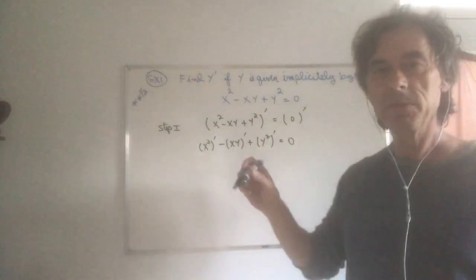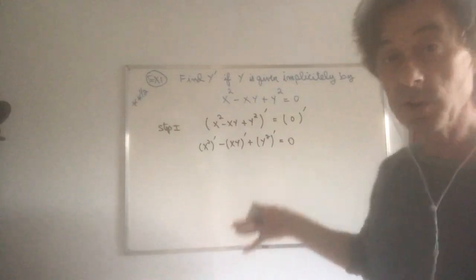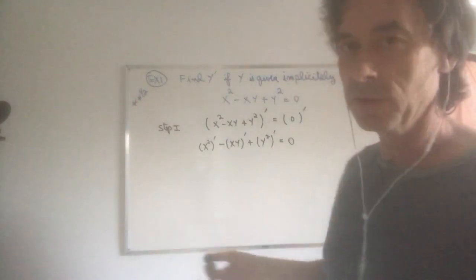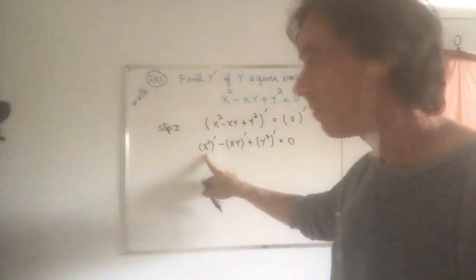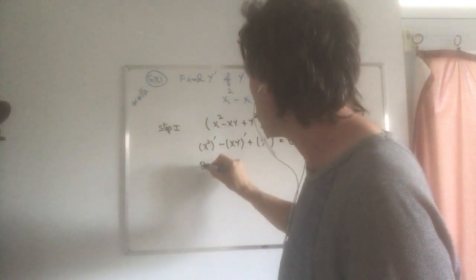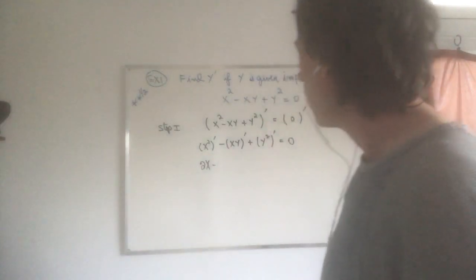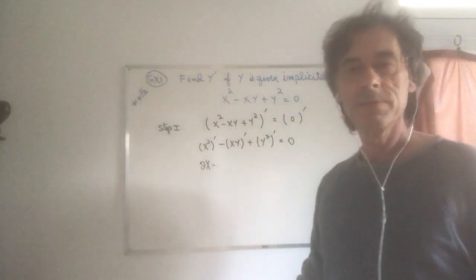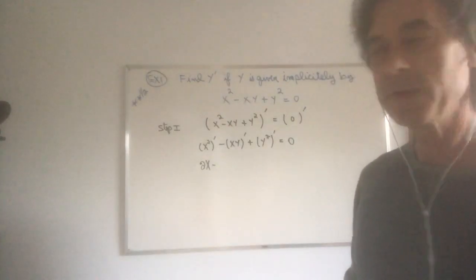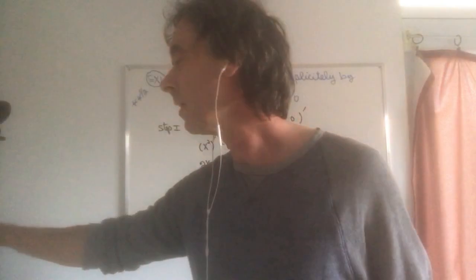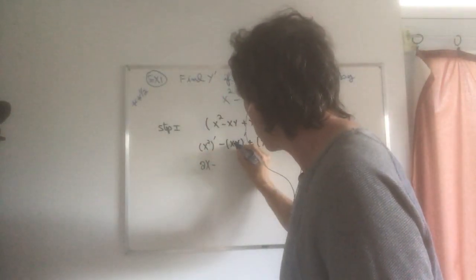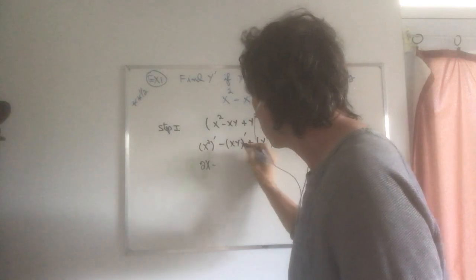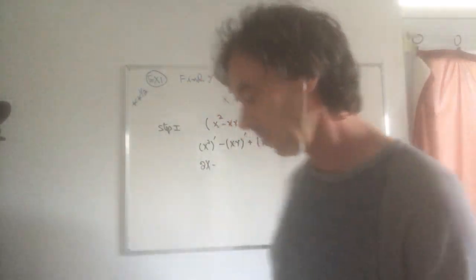Some of these go from the easy to the not so easy, perhaps even to the tricky. This is easy. This is not tricky. Rule 4, the derivative of x squared is 2x. What is this? The derivative of xy, how would you take that? If you're thinking that there is a product between the x and the y, you are correct.